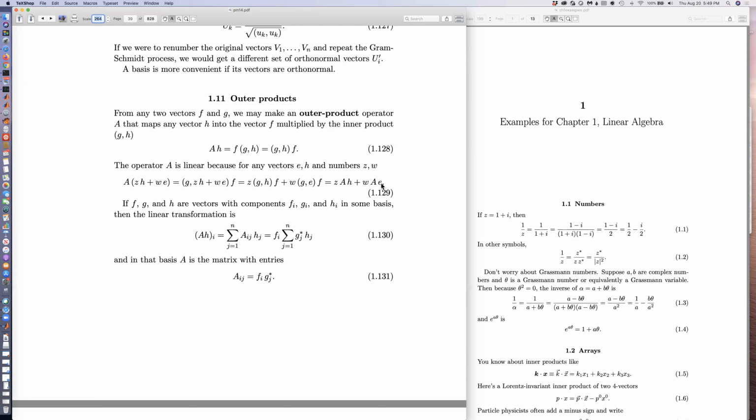Another reason is that in quantum mechanics, the probability of a state having a given property is the inner product of the two vectors that represent that, and then the absolute value squared of that. But that's if the states are normalized, I should say.